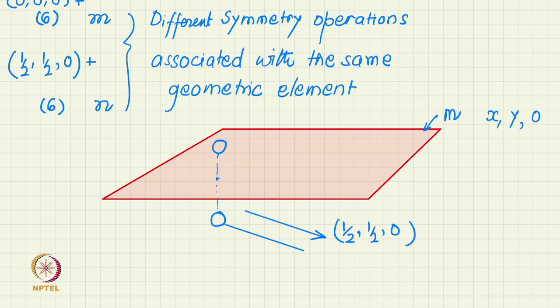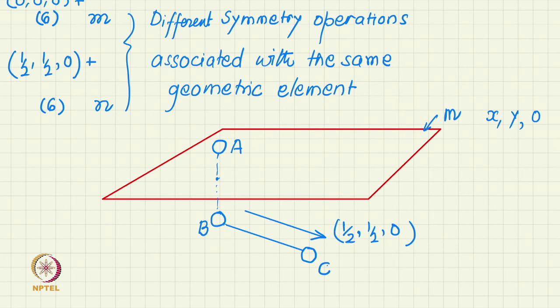Let me call this A, let me call this B, which results from the mirror, and now I translate it and I get the object C due to the translation.